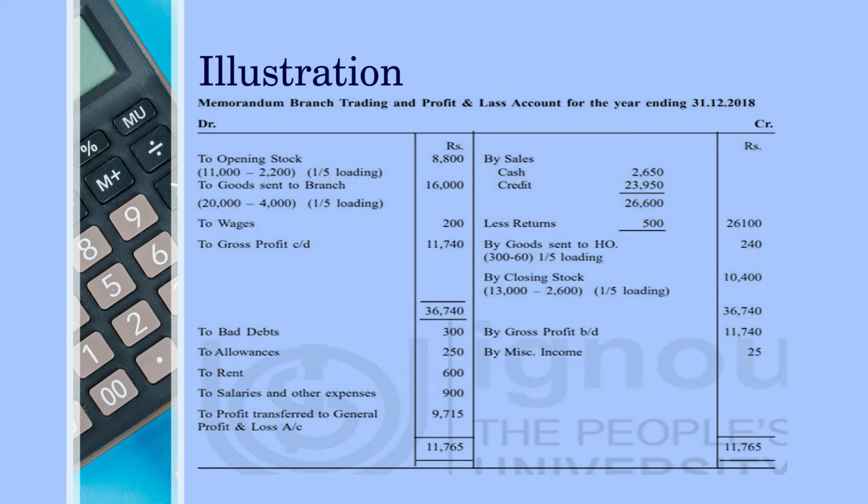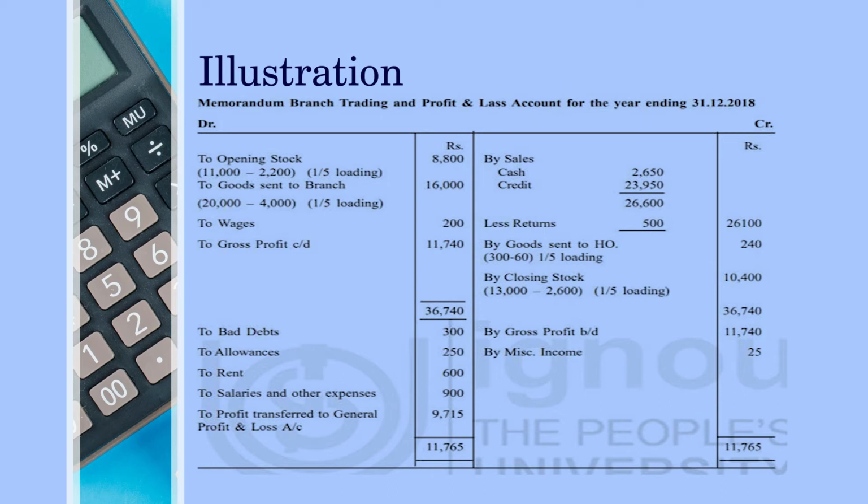Now come to the debit side of profit and loss account. To bad debts 300. So it must be given in the question. Yes, to bad debts 300. Because all the indirect expenses are shown in the debit side of profit and loss account. To allowances 250. Kindly check it.